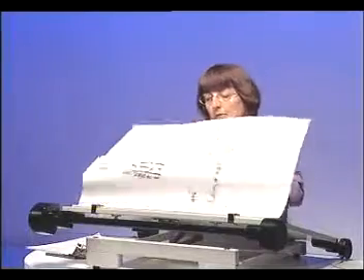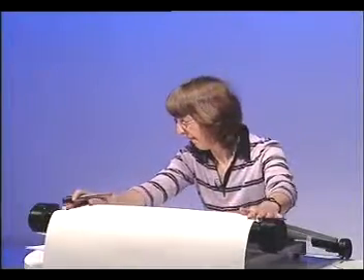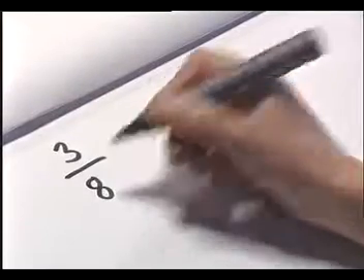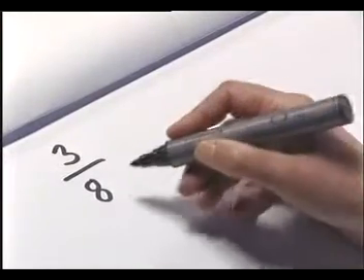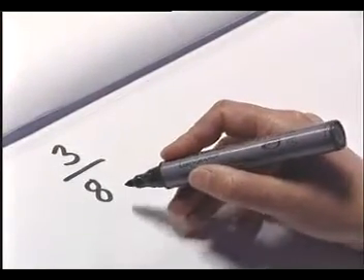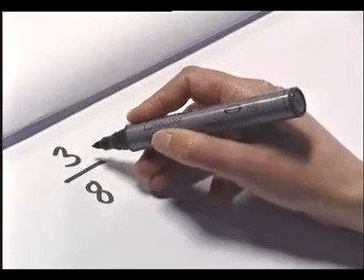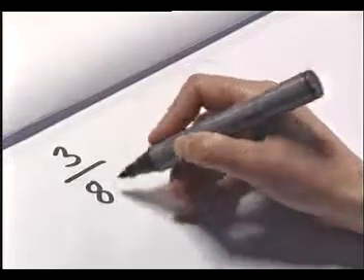Let's have a look at some other fractions. Let's say we have 3/8. So we've divided a whole up into 8 pieces of equal size, and we've taken 3 of them.